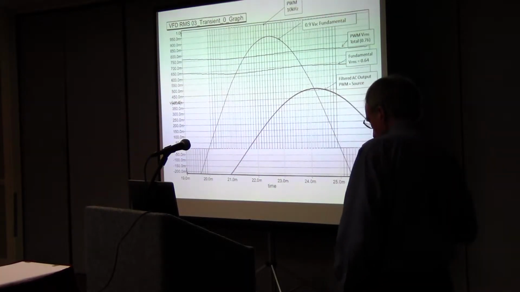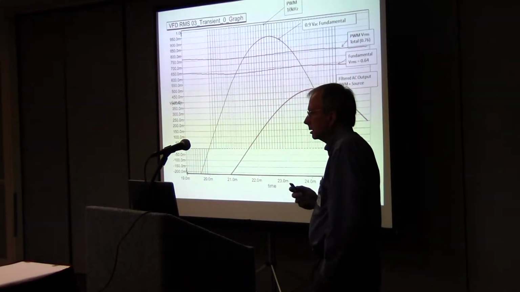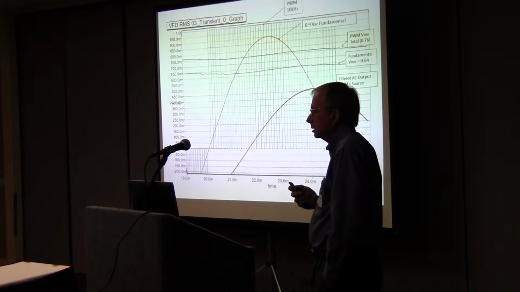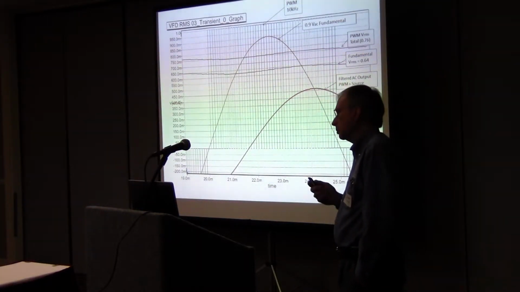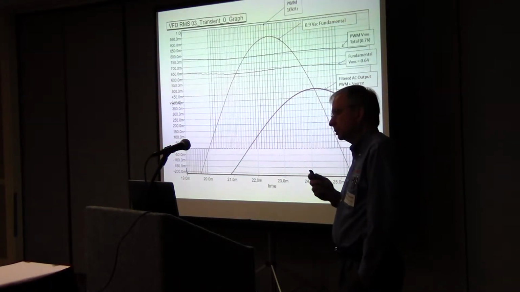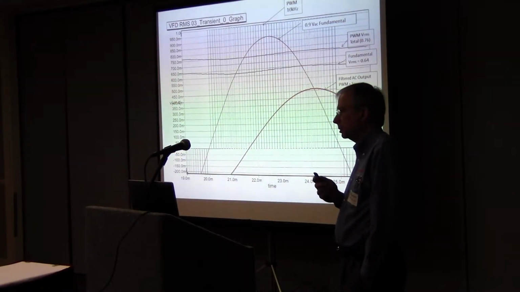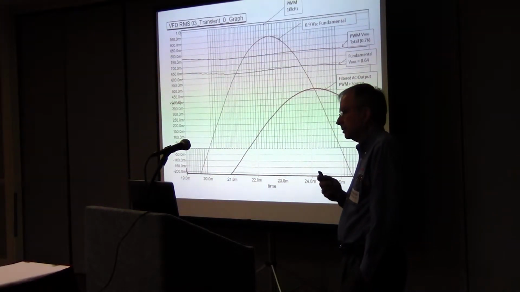Since you're interested in the 60 hertz portion, the question becomes: are you filtering out the rest of it on the output? Or is it all still there? Is all that little harmonic still there? Yep. Okay, again, in the compressor world, or if you have a motor, there's enough inductance in the motor that typically the harmonics are filtered by the inductance of the motor.